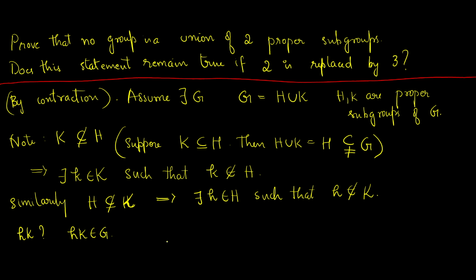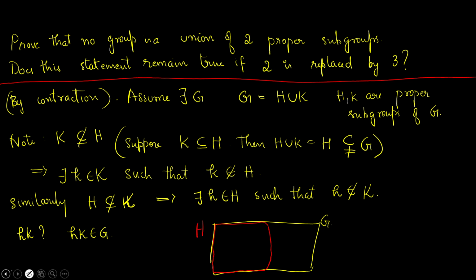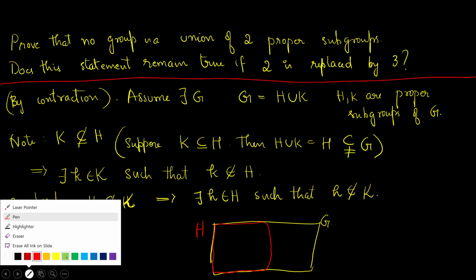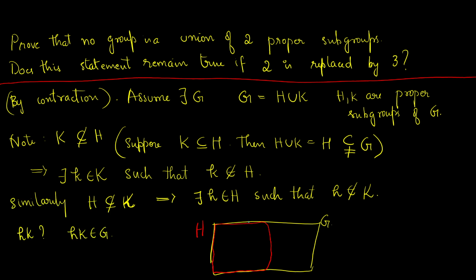And how is the diagram? Suppose that we are having a group G, and then we have subsets like this. This is H, and then we will also have K. Why is the intersection non-empty?